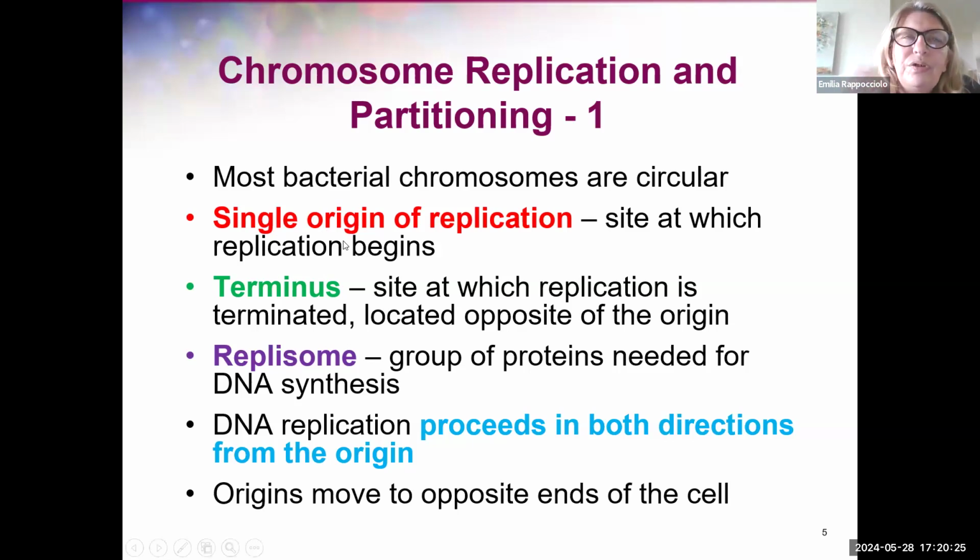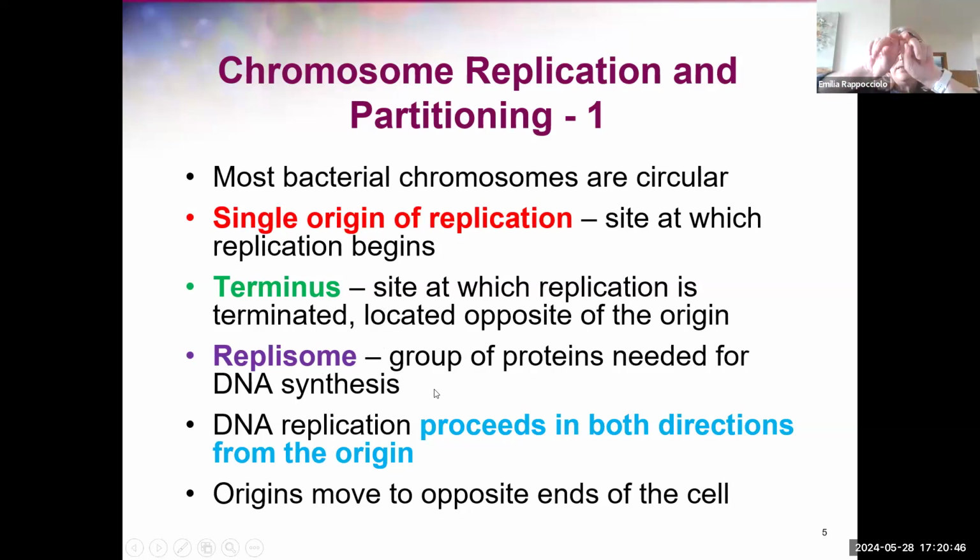And this kind of assembly or group of multiple protein structure, if you want, is called the replisome. So it's a group of proteins which are needed for DNA synthesis.